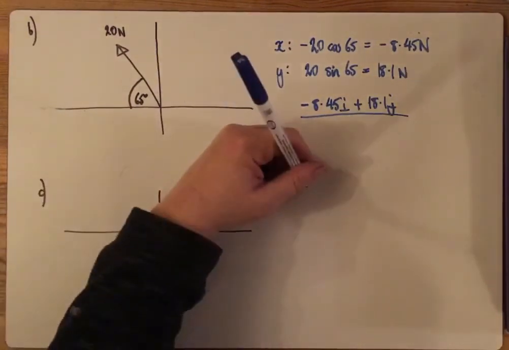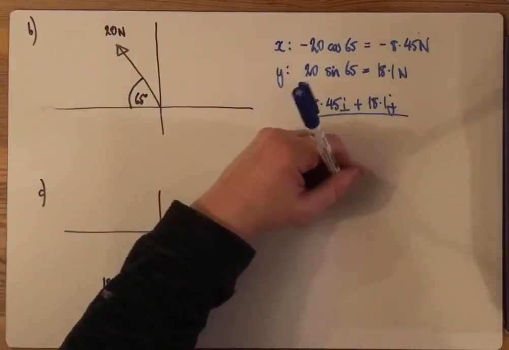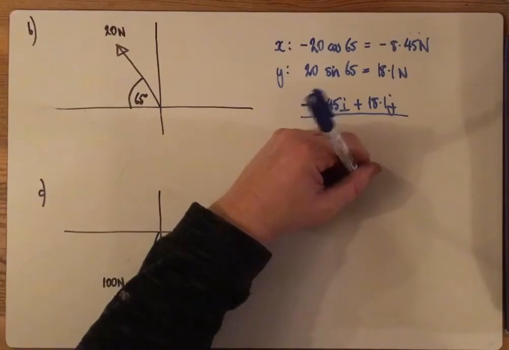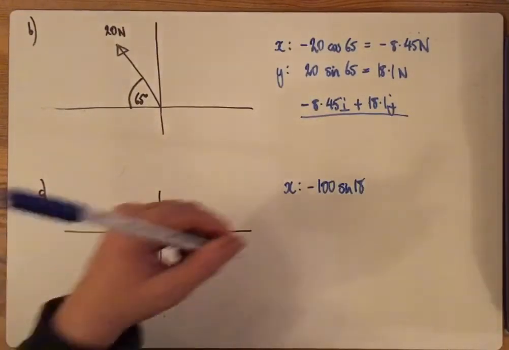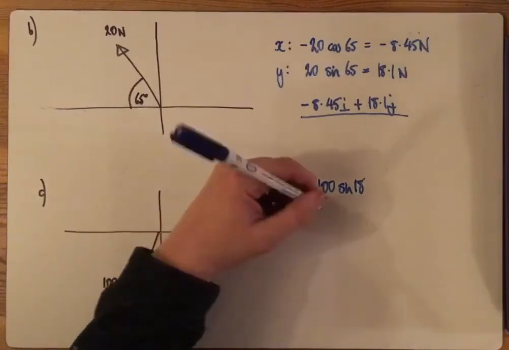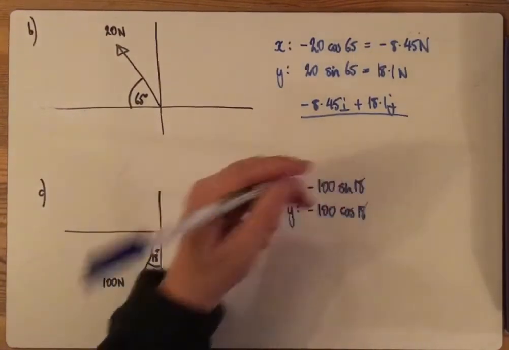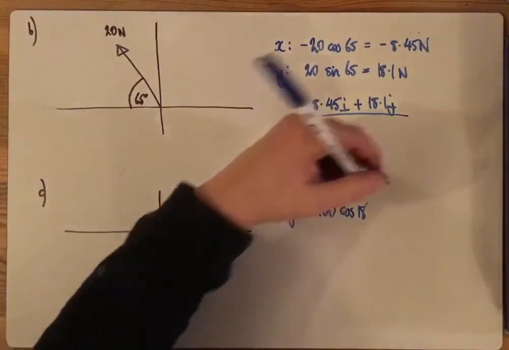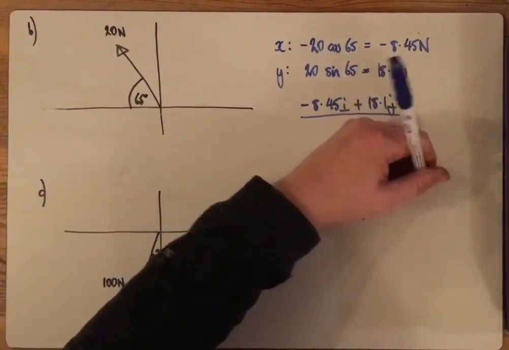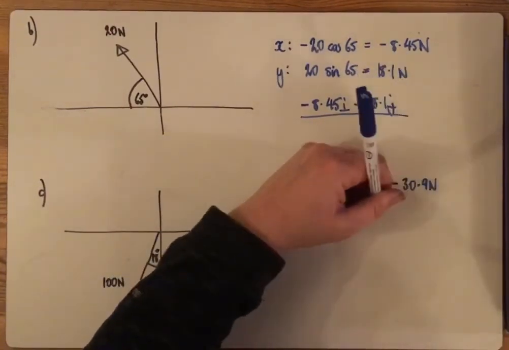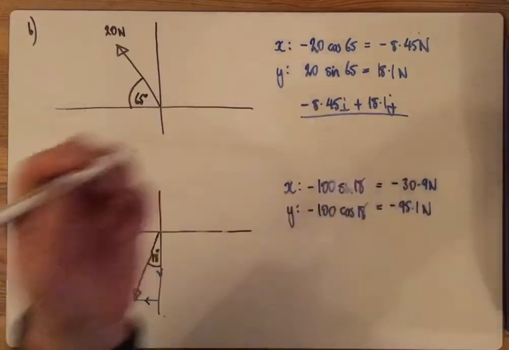So that's going to be minus 100 sine 18, because I want the opposite. And in the negative y direction, I've got minus 100 cos 18, and that gives you negative 30.9 newtons and negative 95.1 newtons.